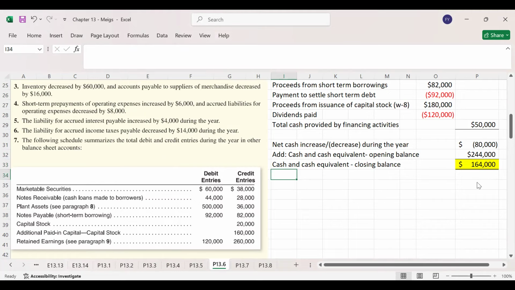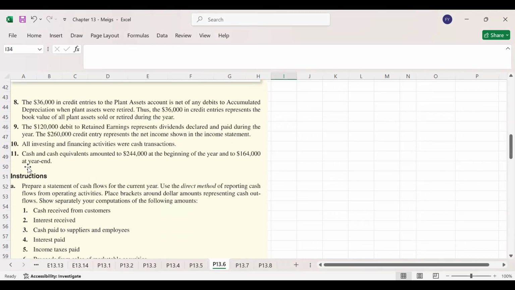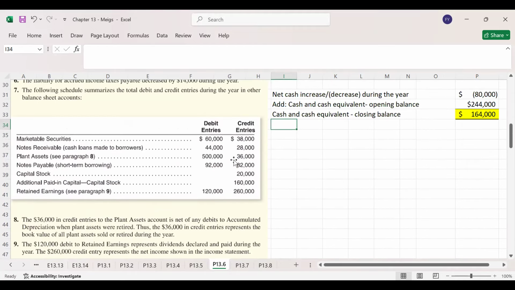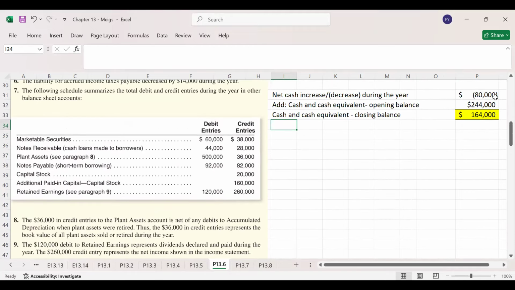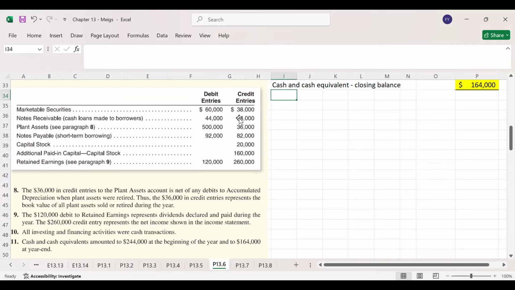So this closing balance is 164,000, and it should be equal to the amount of cash which we have derived from the cash flow statement. So closing balance 164 and 164, both are the same. So this is requirement one, or requirement A, to prepare a cash flow statement.